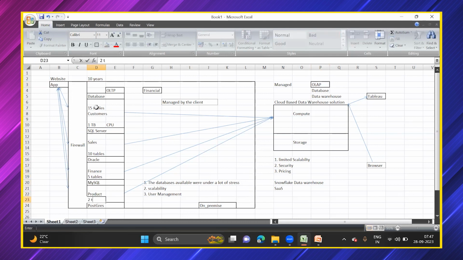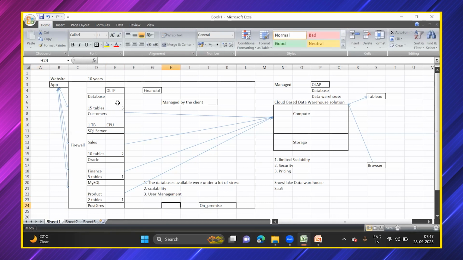The app has a direct interaction with these tables. What we are doing is moving these 15 tables, maybe not all 15, and let us say we want to do some reporting. It starts from here. So now let us say I want 3 tables from here, 2 tables from here, 1 table from here, and 1 table from here.